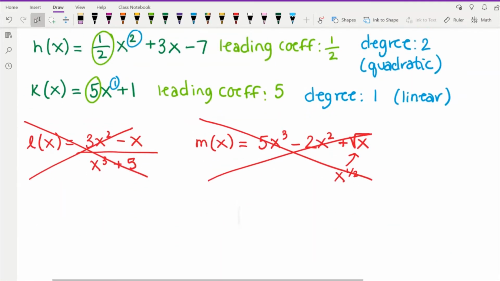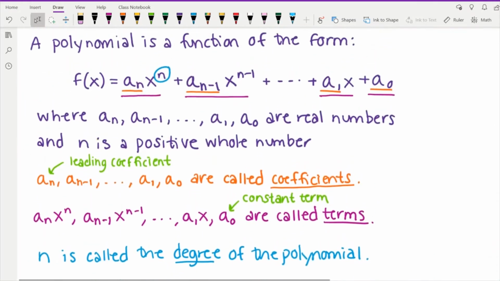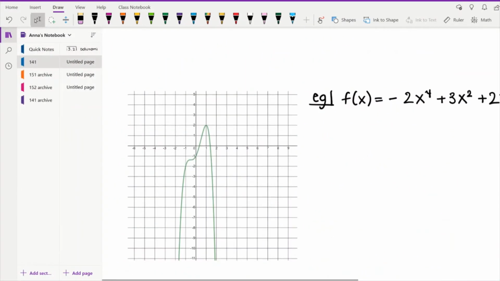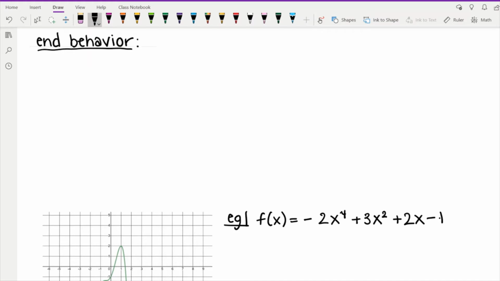Okay, so now that we know what polynomials are, we're ready to talk about a specific feature of functions, which we'll be talking about in the context of polynomials, which is something called end behavior. You'll see this is a topic that might feel a little different from other things we've talked about in this class.